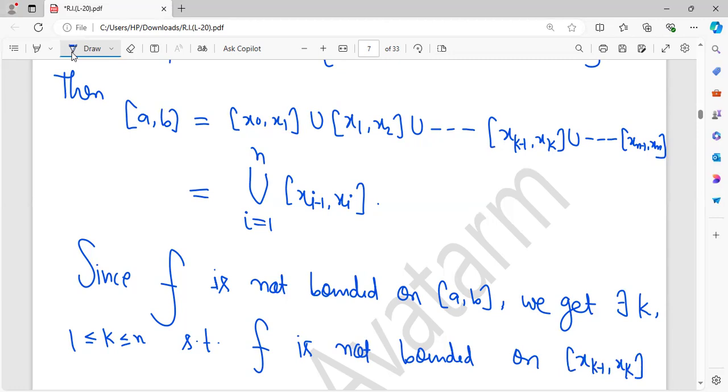Okay. Because if f is bounded on closed interval, it will be bounded on any subinterval. But if f is not bounded on closed interval AB, it means it will not be bounded on at least one subinterval. I am calling it not bounded on [xk-1, xk]. Okay.